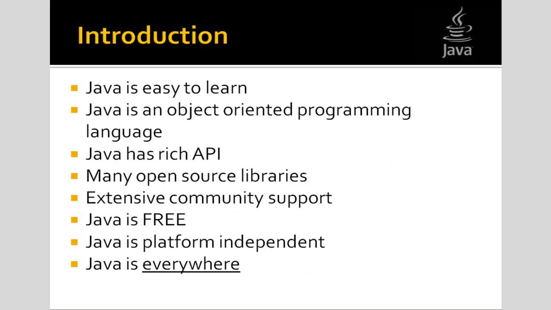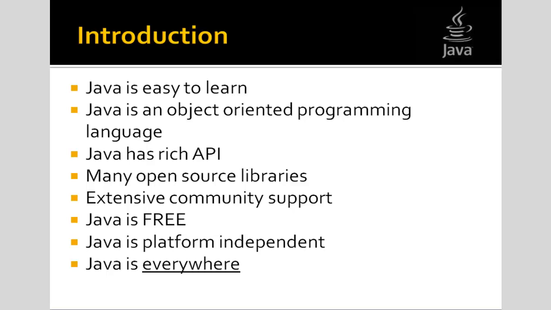So why Java? Of all of the programming languages we can choose to use to develop applications, why Java? Well, Java's easy to learn, especially if you have a background in another programming language. But nonetheless, Java is easy to learn. Because Java is an object-oriented language, we also get the benefit of the more robust program structure that we can create using object-oriented principles in our applications.